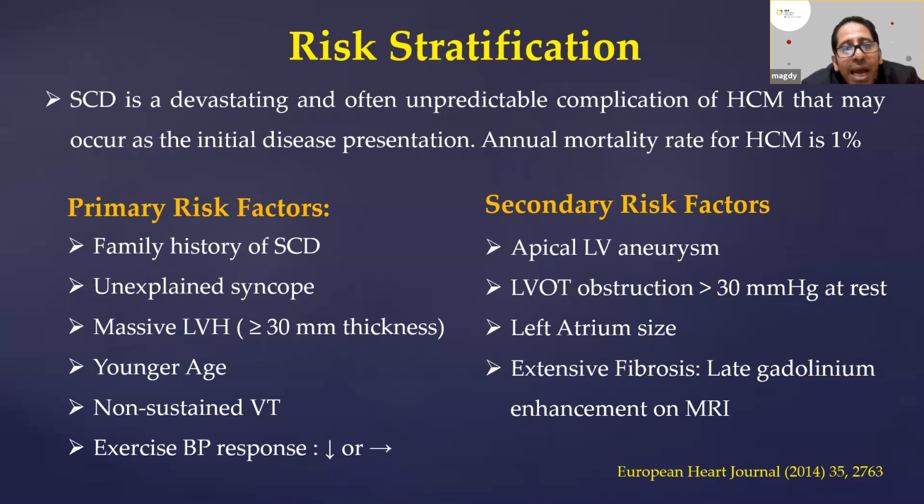The major primary risk factors: family history of sudden death, unexplained syncope, massive LVH more than 30 millimeter thickness, young age, non-sustained VT, exercise-induced hypotension. However, other secondary risk factors include the detection of LV apical aneurysm, obstruction more than 30 millimeters of mercury, left atrial size, and extensive fibrosis detected by late gadolinium enhancement on CMR.